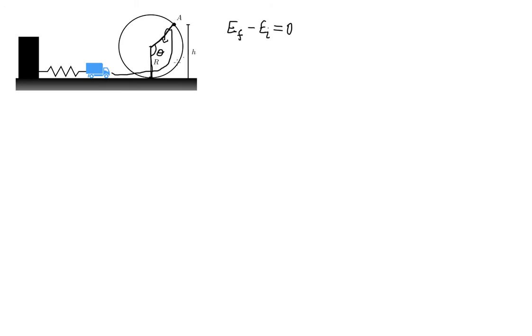So what I can do here is say at point A, we have a free body diagram that looks like this. The diagram doesn't look like that. The diagram looks a whole lot more like this. mg.